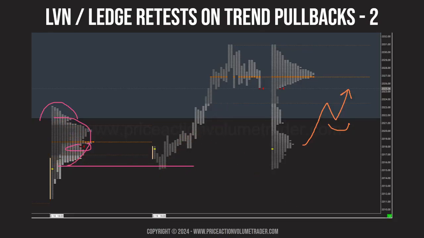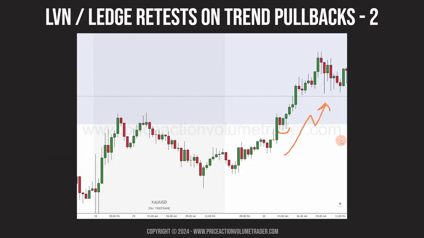We keep pushing up, and then right here you can see that we accept back inside, come back, retest, and then reclaim back into the value area. So then we have what we have here: we're pushing in, we're holding a retest of the bottom area, and we're expecting continuation into the upside.